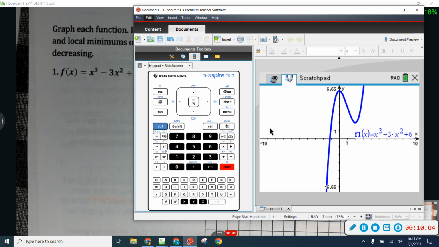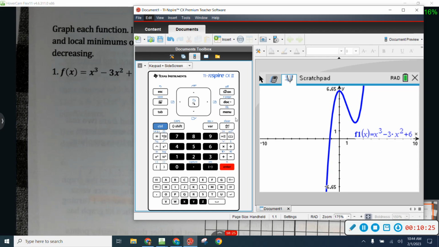Okay? Your graph should look like mine. I only have one x-intercept on my graph, but I have a cubic function. What do I know about my other x-intercepts? They would be imaginary. If they're not on my graph, they're imaginary. Okay?